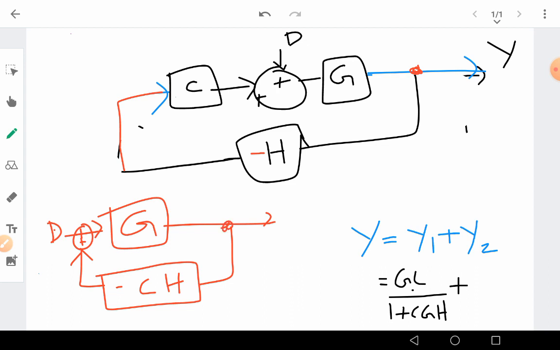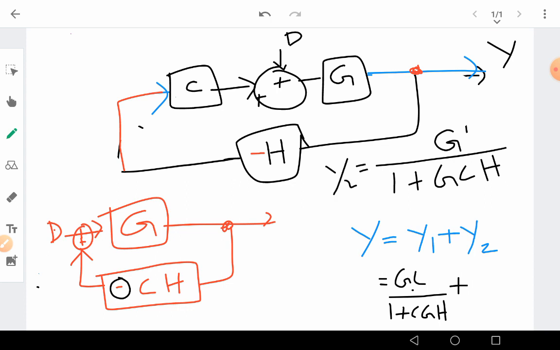What is the net effect? G is the forward gain, and minus CH is the feedback gain. So the net transfer function will be G divided by 1 plus GCH; the sign is plus but there is a negative here, so in effect it is getting minus only. So G divided by 1 plus GCH is the new transfer function with input D.